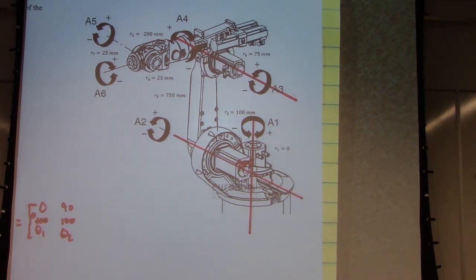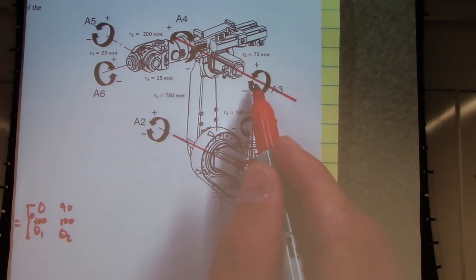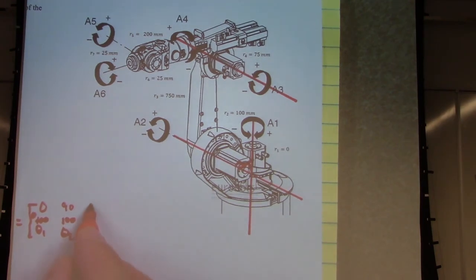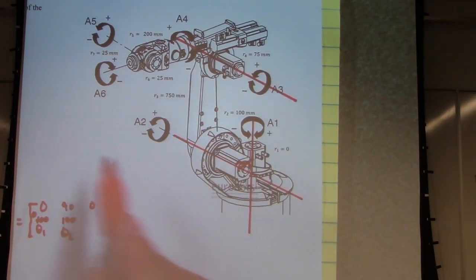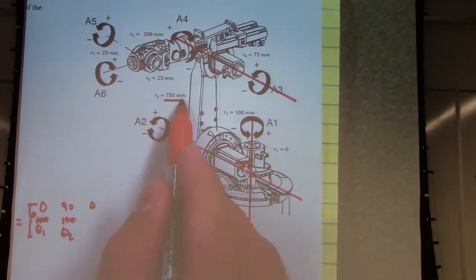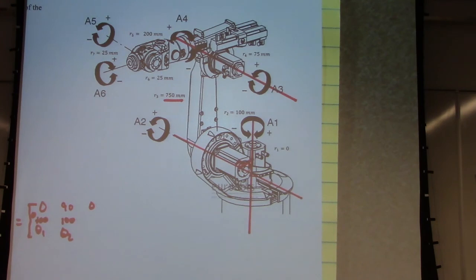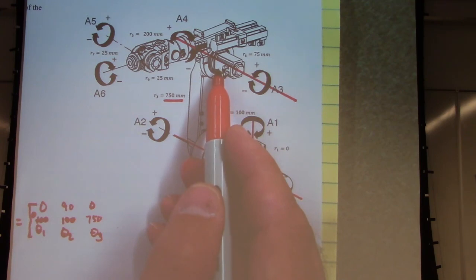So in this case, there is no joint twist on this axis. There is an offset. Yep, going from A2 to A3, there's a 750 millimeter translation, so that becomes our length. And finally, theta 3 will vary in order to provide that degree of motion, or that degree of freedom.